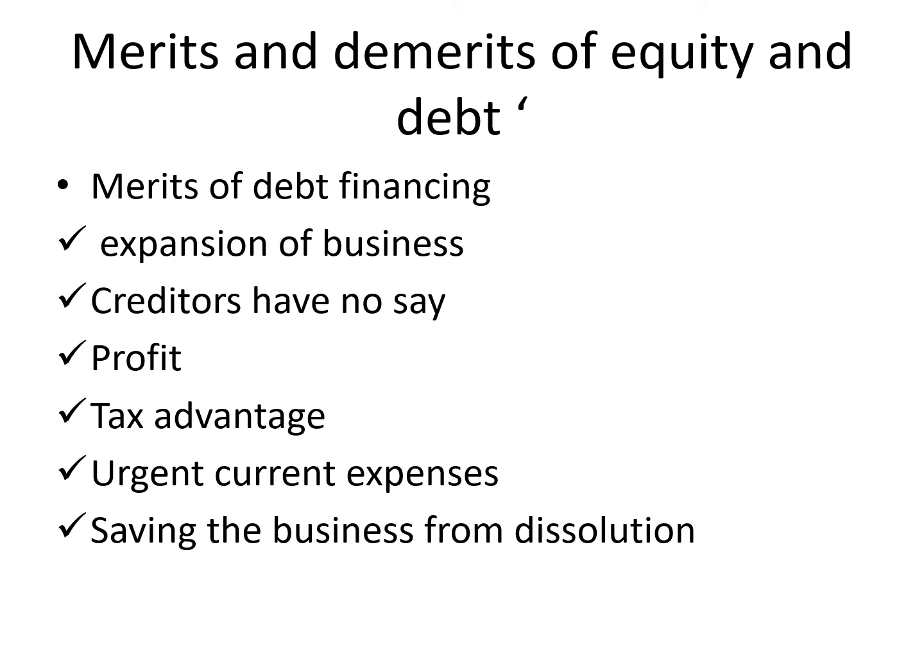Another thing is your urgent current expenses. There are good times in the business, there are bad times in the business. There are certain times when a company is in urgent need of funds, like they have to pay their electricity bill, or salaries to their employees, or wages to their labor.